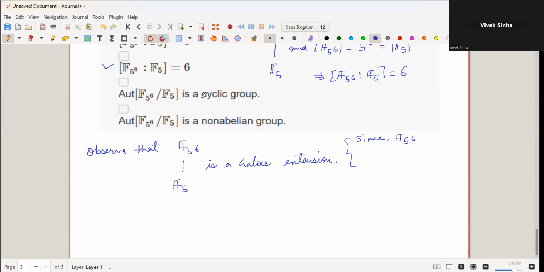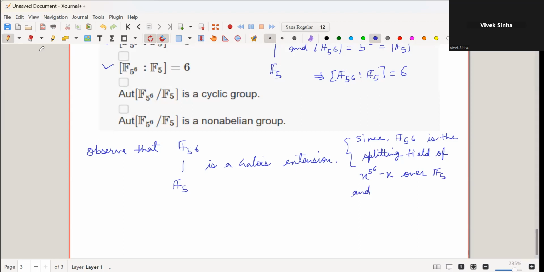So F5^6 is the splitting field of x raised to 5 raised to 6 minus x over F5. Oh, sorry, p is 5 here, so I should write 5 raised to 6.